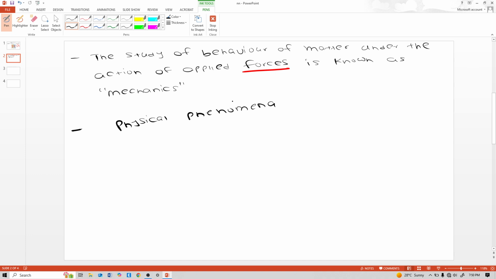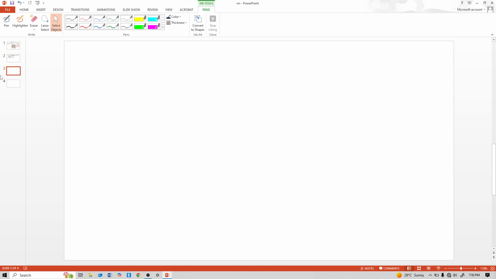It is a physical science. Further, this mechanics is divided into different subjects. Mechanics is the study of matter under the action of forces.